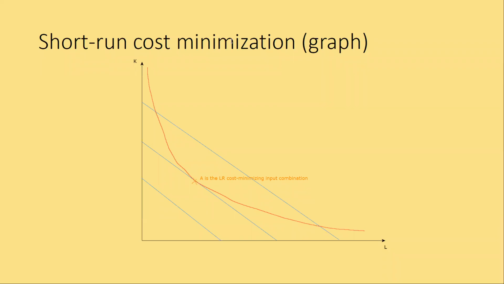So now let's suppose the firm is constrained. So let's say the amount of capital the firm can use is fixed at some point. Let's say this is our K bar.